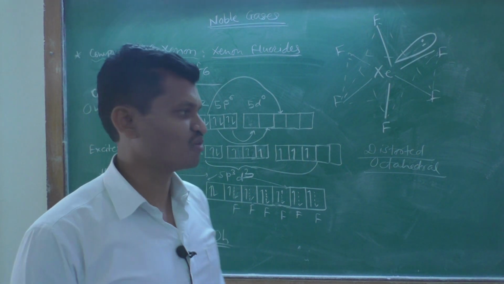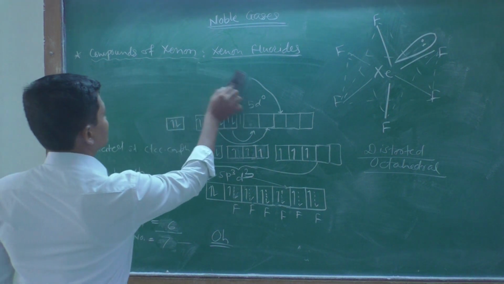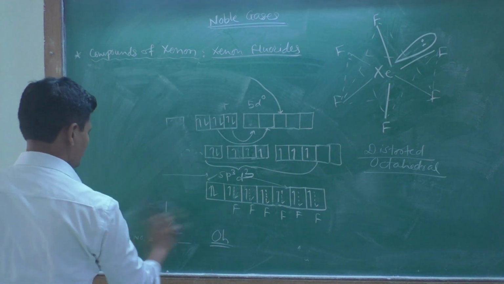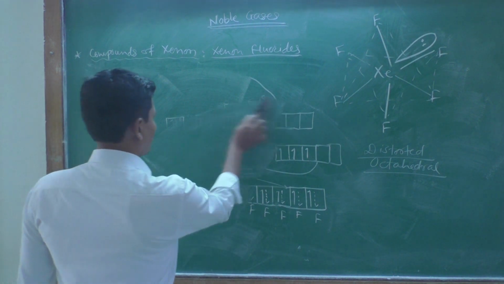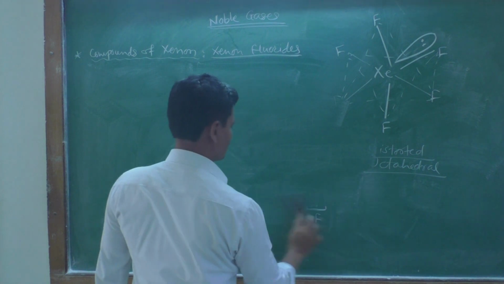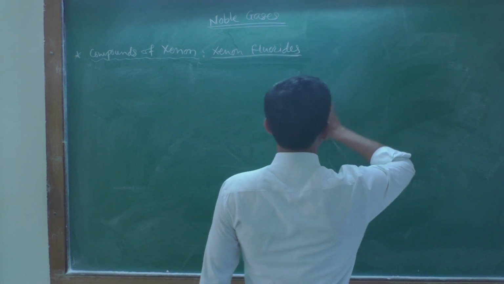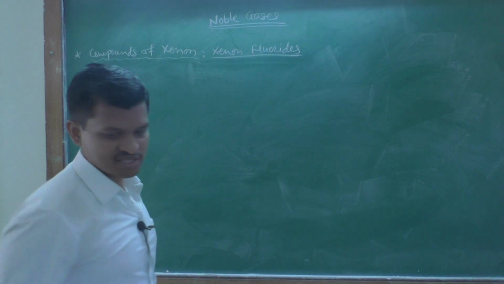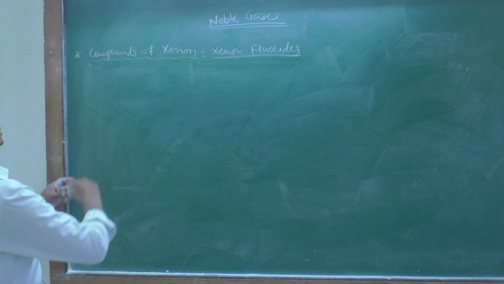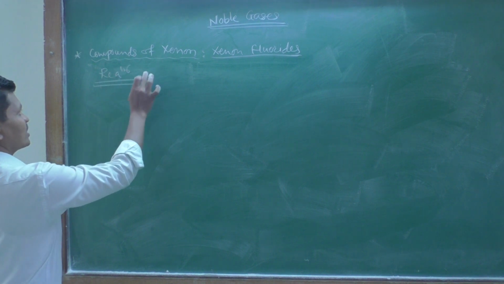Now the next point is the reactions of these xenon fluorides. We started with types of xenon fluorides, then we saw the synthesis reactions or preparation methods, then their structures, and now the last point is reactions of xenon fluorides.